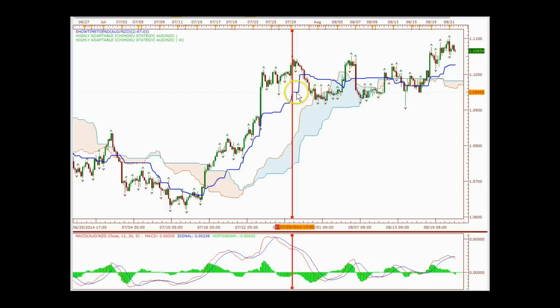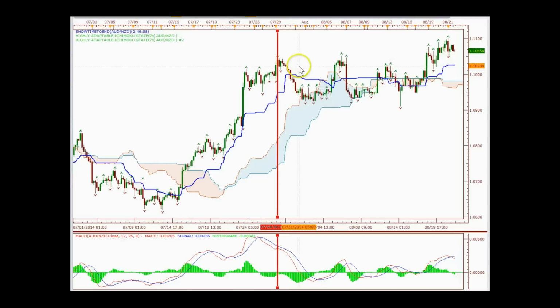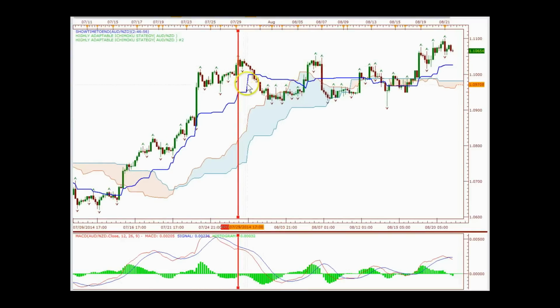It flattened out right here, but it started pointing up here. Now actually this is a little bit of divergence, because this is pointing up and the market's coming down. So that's where you got that divergence, and then you could see the market started to fall, and there it goes falling. And now we're a little bit farther away from the Kijun-sen.